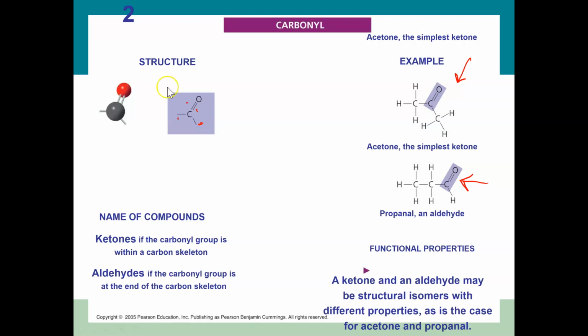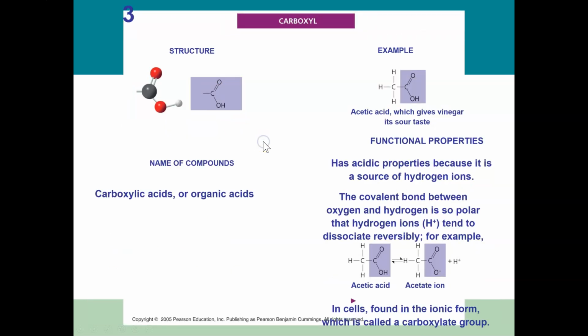Our third functional group is carboxyl. This is common. A carboxyl group is a carbon that has a double bonded oxygen, and it also has a hydroxyl group. You'll notice again that the hydroxyl has been written in that chemical shorthand.